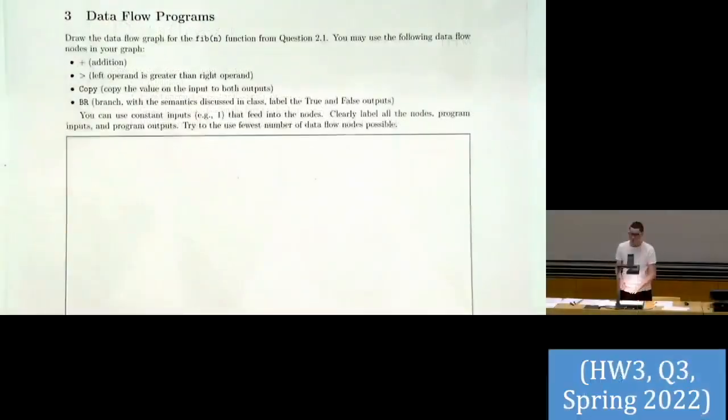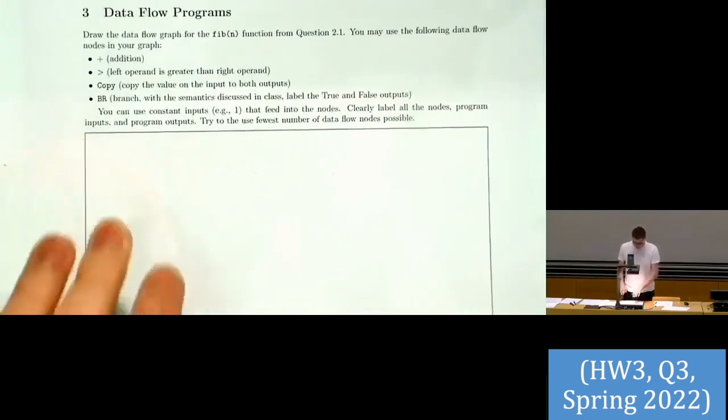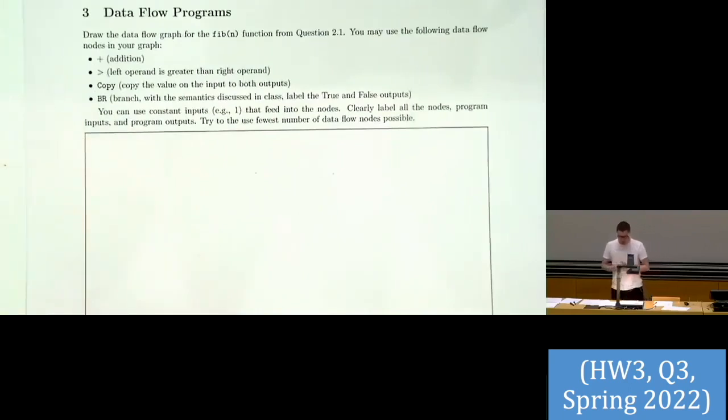It's about data flow. Do you remember data flow? It was kind of early in the lecture. I don't know exactly which week, but it has been a while. Probably you are not looking at data flow machines. So this question asks for a Fibonacci function implementation, right?